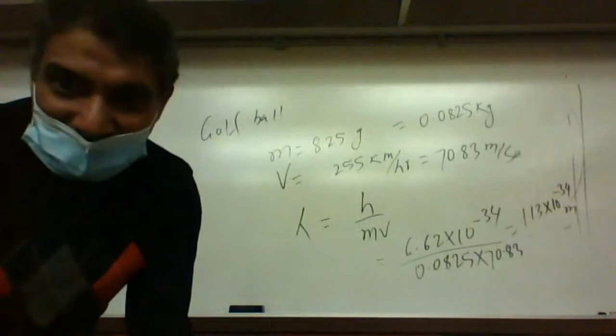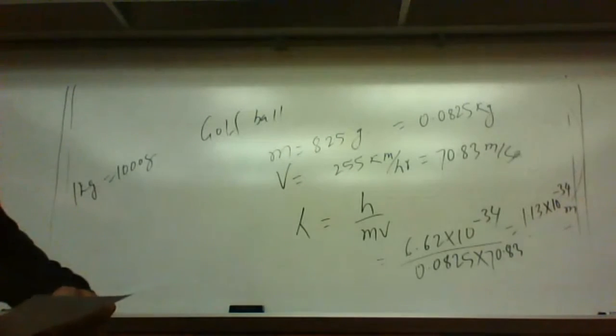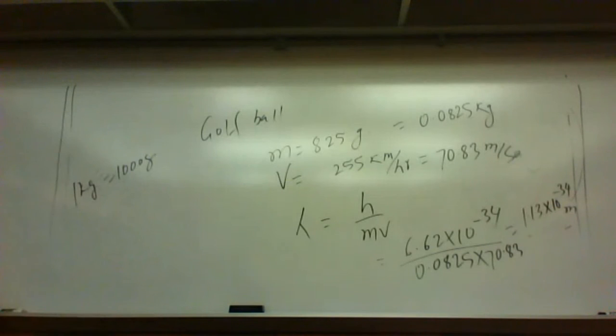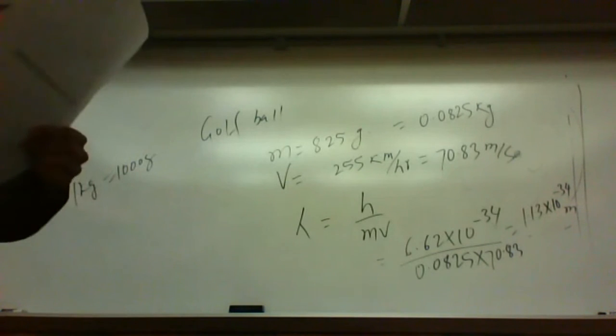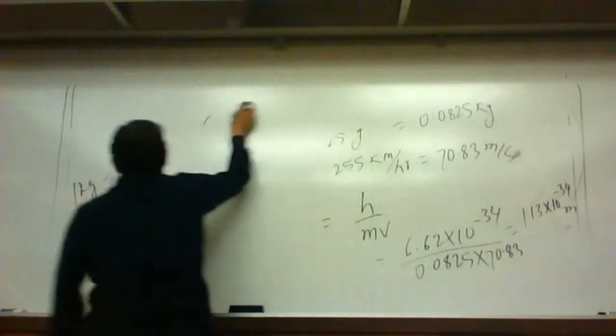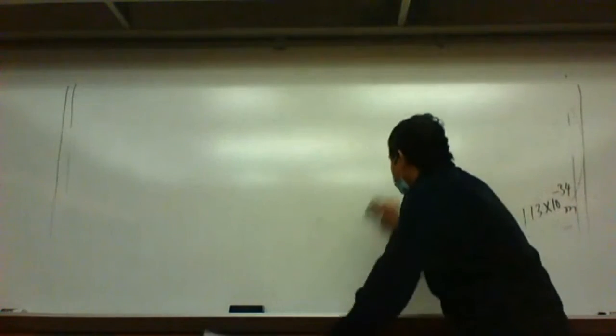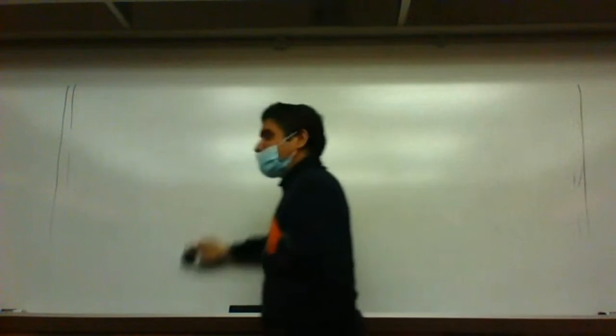Now let's talk about one more thing: calculate the wavelength of an electron. Let's do it in slide number 4, and we finish this lecture. For the golf ball, we can't see the wavelength; we just see a particle because its wavelength is really small, 10 to the power minus 34 meter.